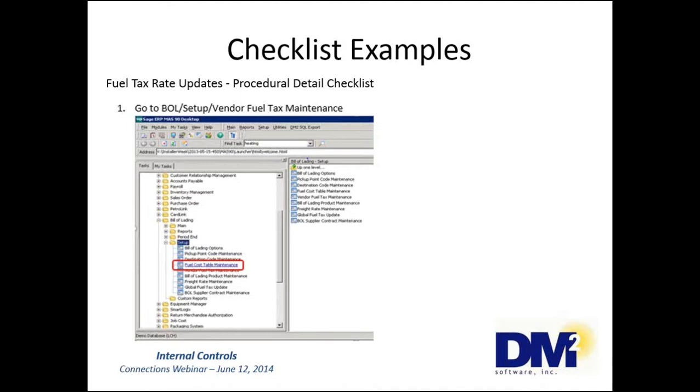Step 1 tells the user where exactly on the menu they need to go to look at the vendor fuel tax rates. We recommend that more complicated processes have detailed documentation to go along with the checklist for what-if scenarios, or if there are issues, or for new employees. Cade will cover this in more detail in the next section.